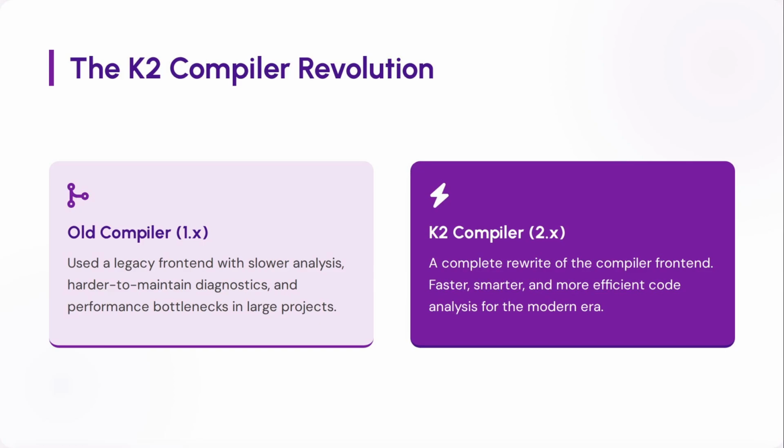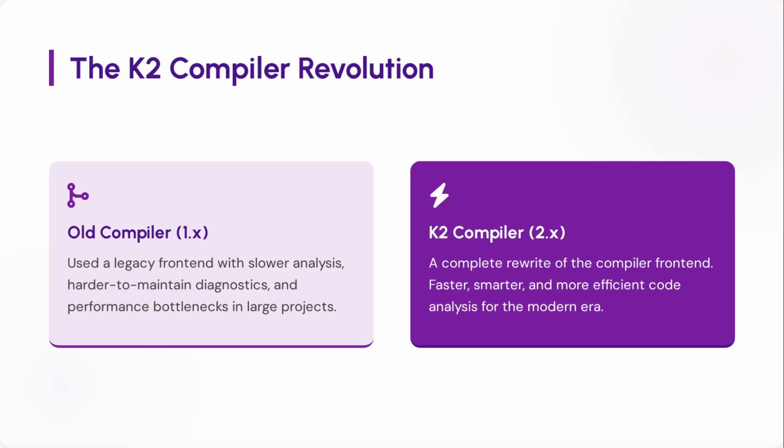Before the K2 compiler, the older compiler was slower and harder to maintain, and also a bottleneck in large projects, because in large projects the build was very, very slow.